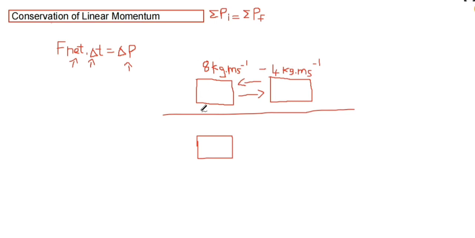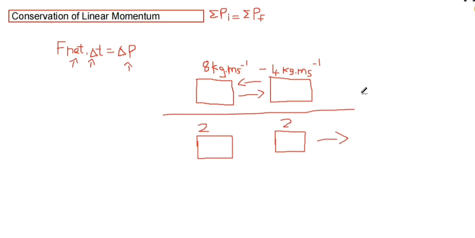Let's say after this collision, this block now has 2 kilograms times meters per second in momentum, and this other block also has 2 kilograms times meters per second, and they move off together. What has happened here? What is the change in momentum? Here we've lost 6, and here to get from minus 4 to 2, we have added 6.